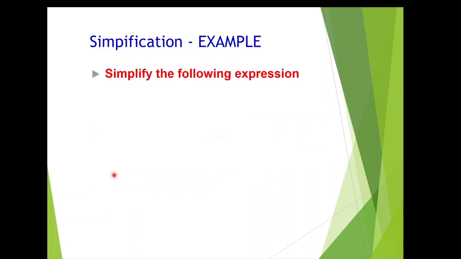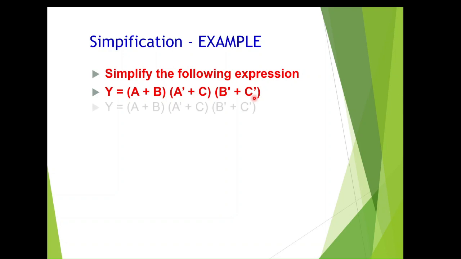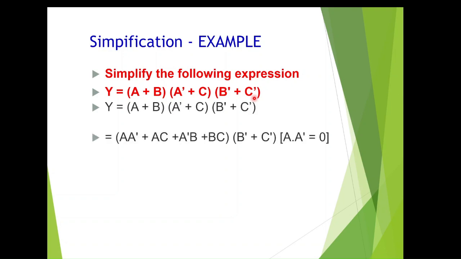Let us take another example: (a + b)(a' + c)(b' + c'). So first step, you multiply the first 2 terms, a + b into a' + c. When we have 2 terms and 2 terms, when you multiply you will be getting 4 product terms.